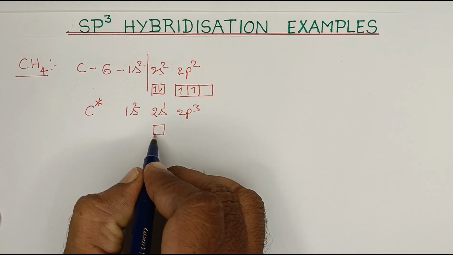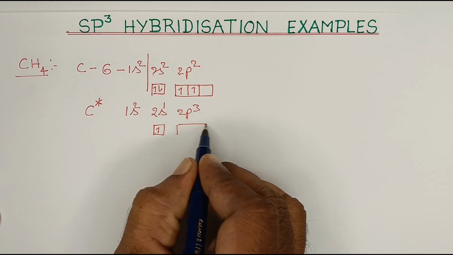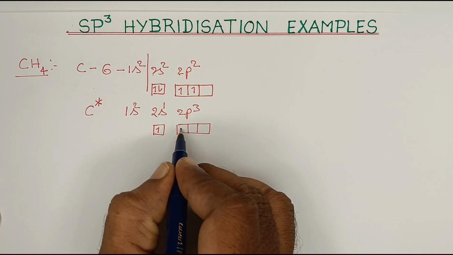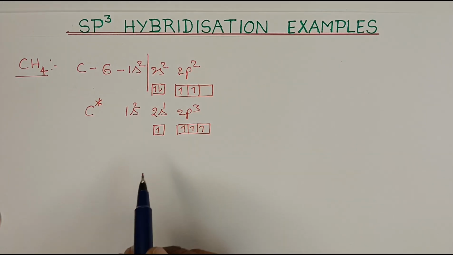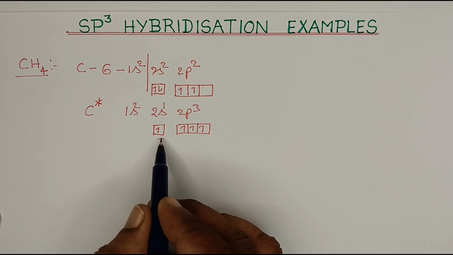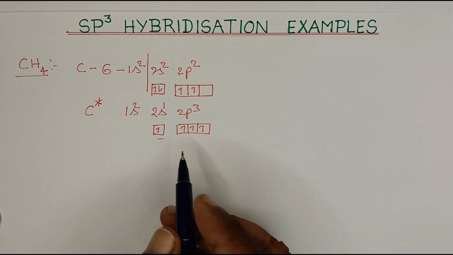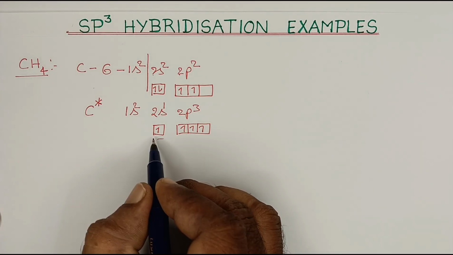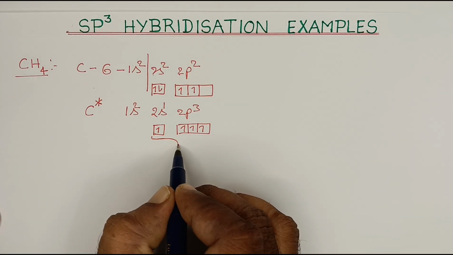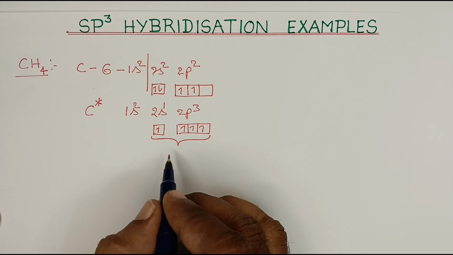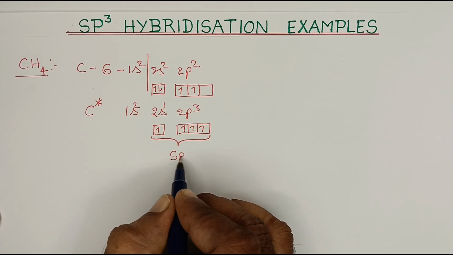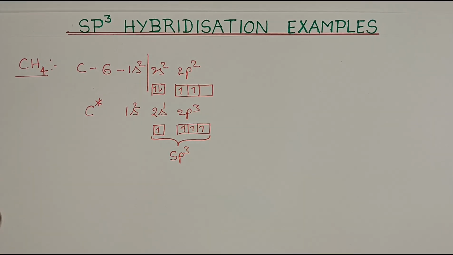So 2s1 means like this and 2p3 will be like this. Now it contains 4 unpaired electrons. So these four orbitals combine together to form sp3 hybridization.